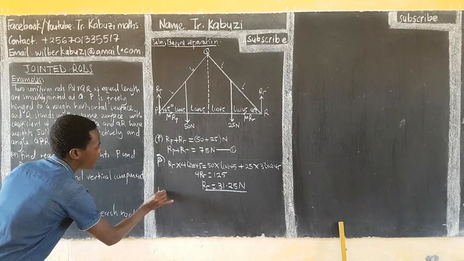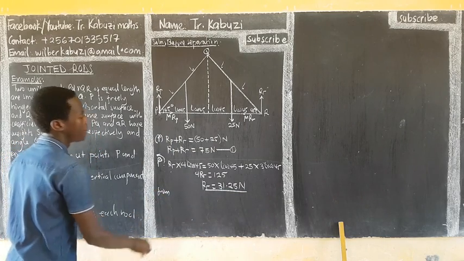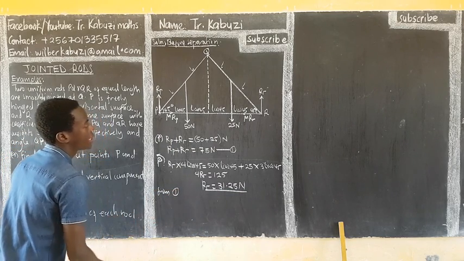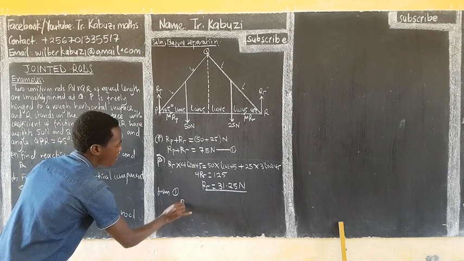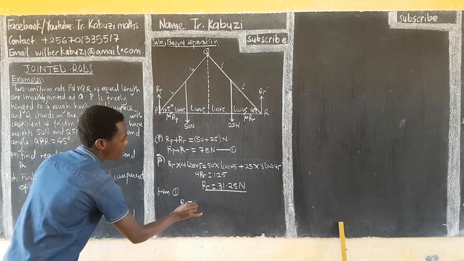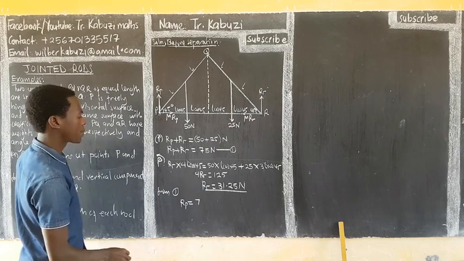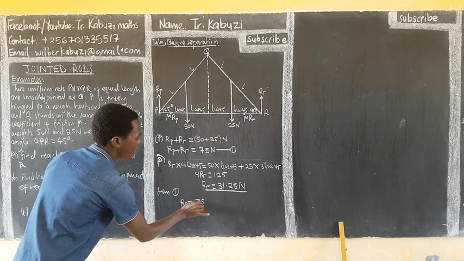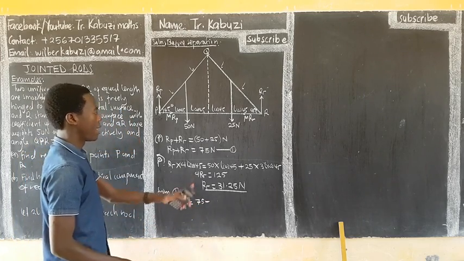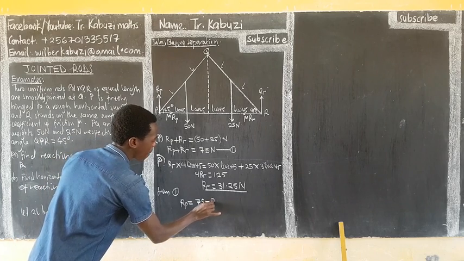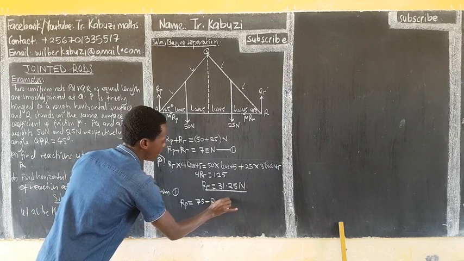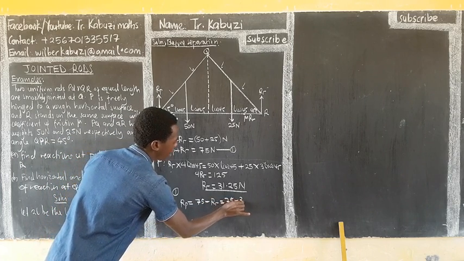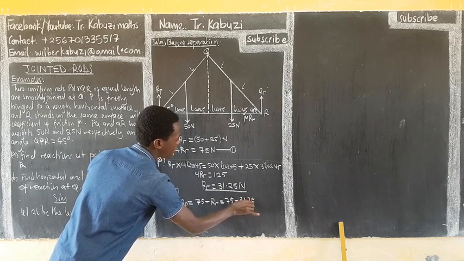So from equation 1, you see that my RP is going to be 75 minus R, which is going to be 75 minus that 31.25.